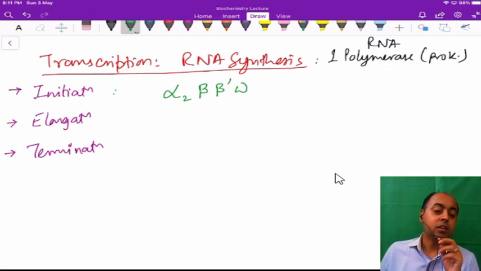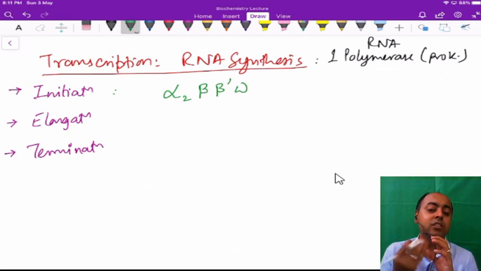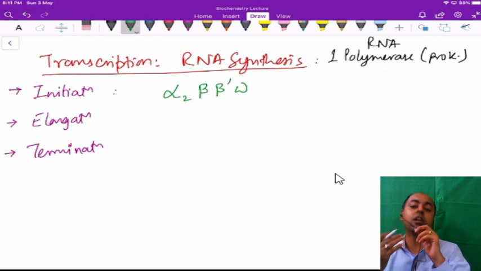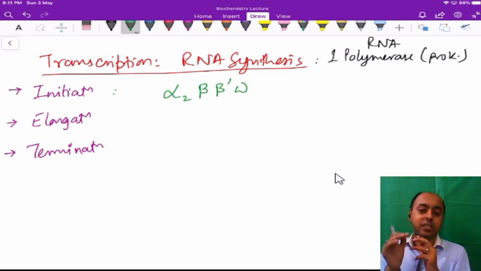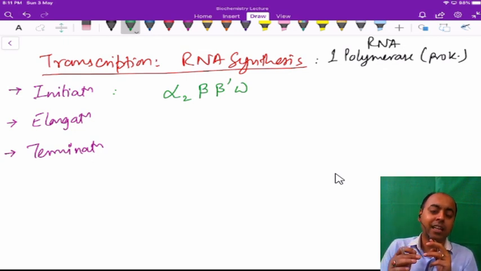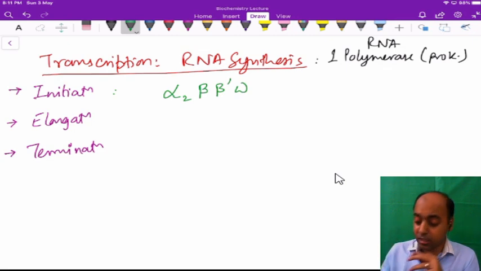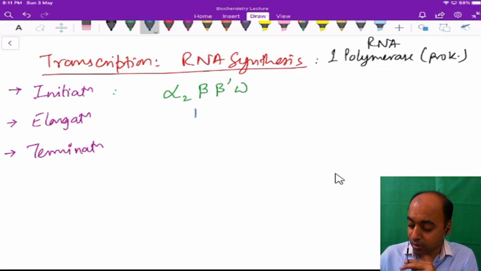Now this cluster is transcriptionally active, meaning it has all the functionalities by which the transcription can occur, but it is missing one very important thing, and that is from where we have to start the transcription. It is unable to identify the site from where we can start the transcription, and for that it needs the sigma subunit.